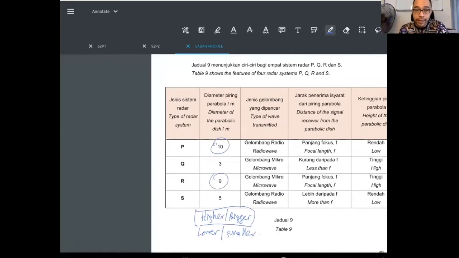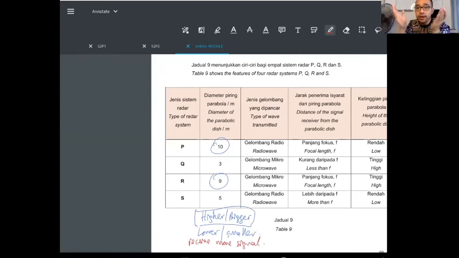You just write bigger diameter or larger diameter. And the reason for this, I'm going to write in red. Usually a big diameter parabolic dish receives more signal, which makes sense.